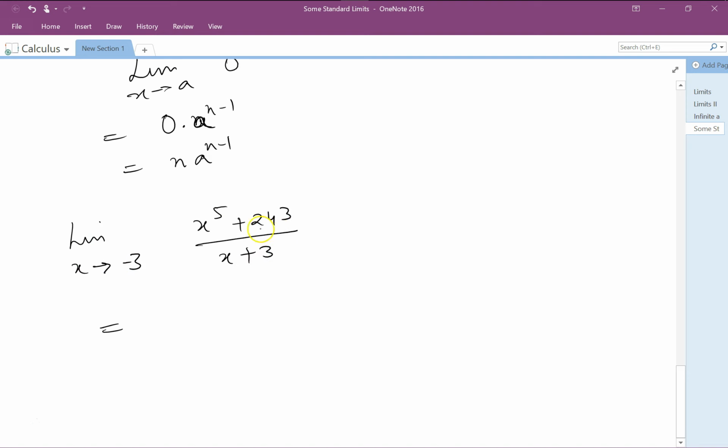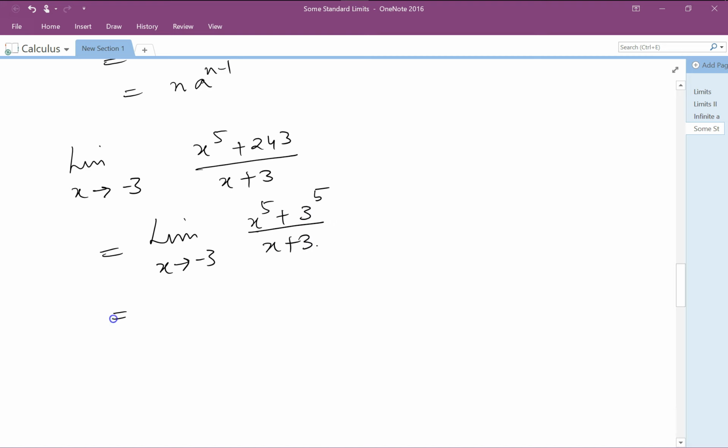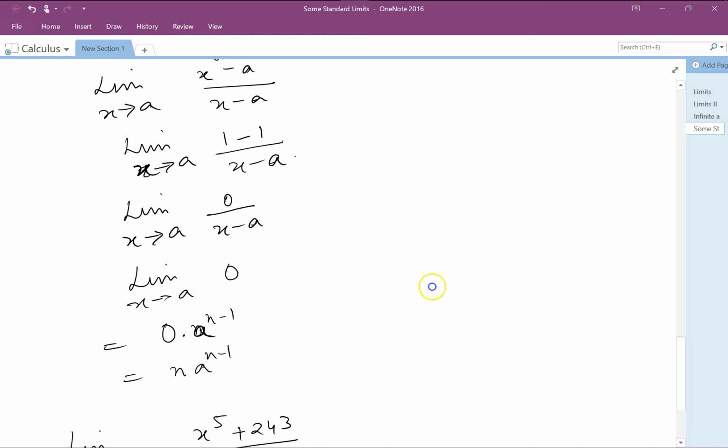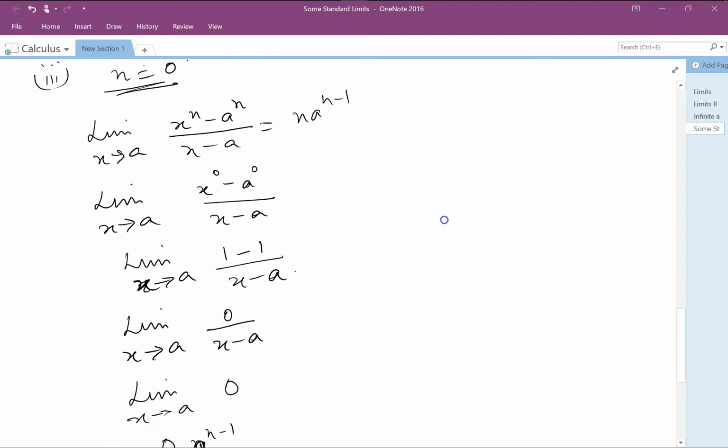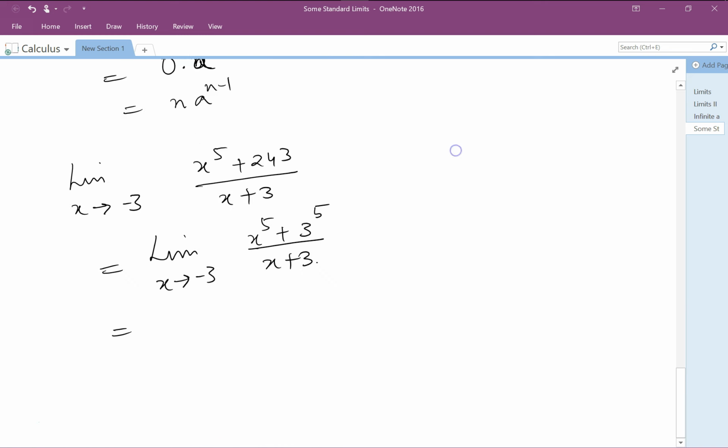The moment you look at 243 and especially x to the power of 5 in combination, you should realize that you can rewrite this statement as x to the power of 5 plus 3 to the power of 5 by x plus 3. And also you should realize that we need a negative number as far as that standard limit is concerned.